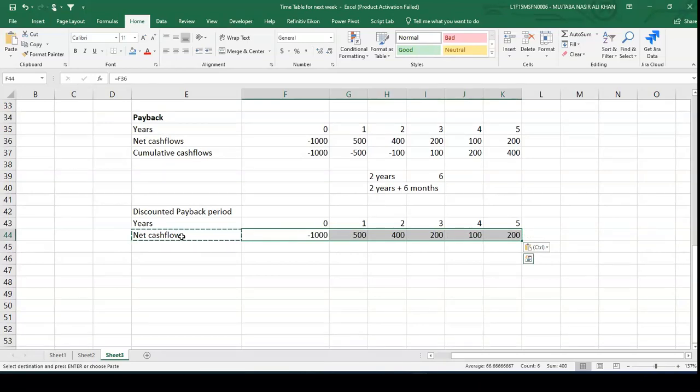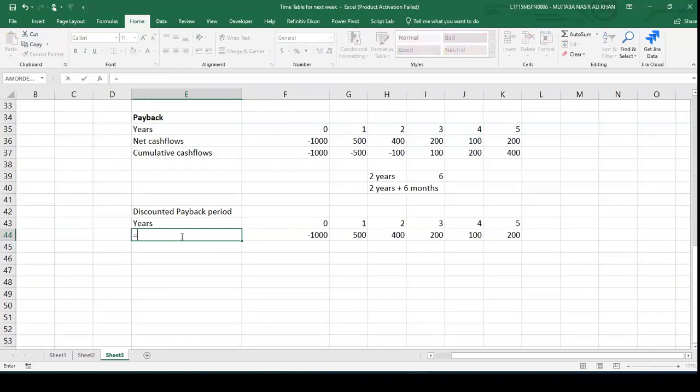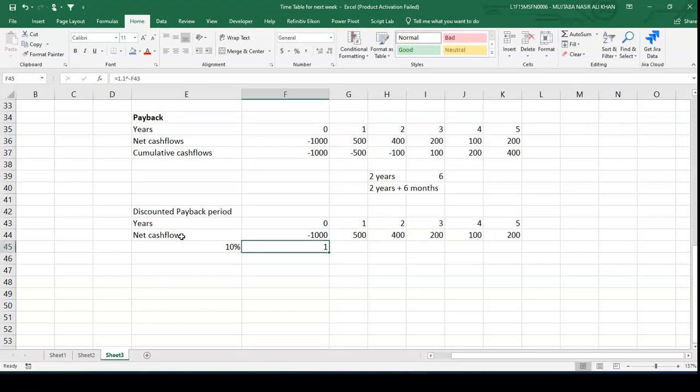Never copy the cells. But I need the net cash flows here. What I will do is equal to, select this and then copy into the next cell. So these are net cash flows. So I need discounted cash flows first. So let's take the discounting at 10%. Here I need to calculate the discounting separately for payback. That's why I'm doing that.